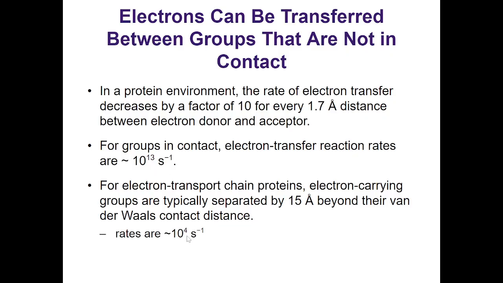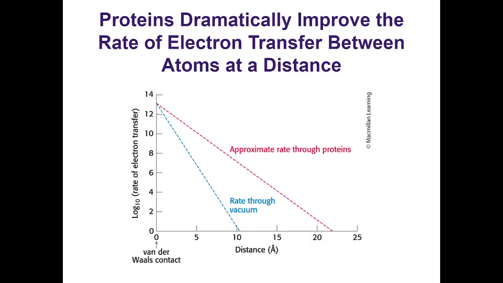See that? Yeah. And so this is like every electrical reaction or magnetism reaction or any of these things. As you go further in distance, the speed, the strength of magnetic fields, all those things drop off exponentially, right? Very, very, very quickly. Okay, so the proteins are going to dramatically improve the rate of electron transfer between the atoms at a distance.